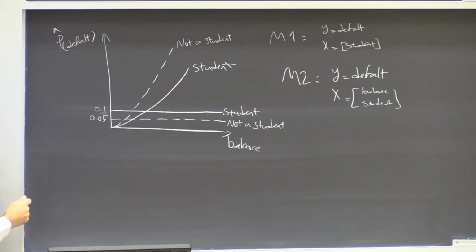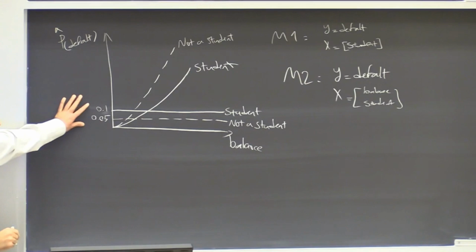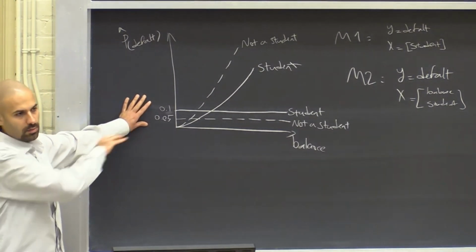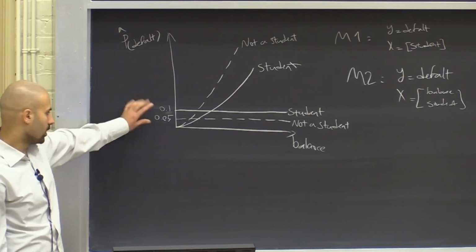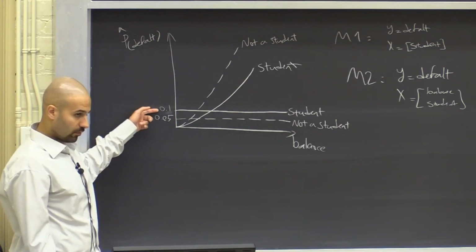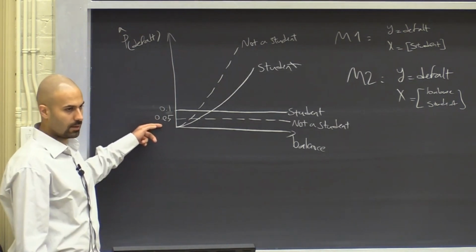So what happens here is that the univariate regression, which are these horizontal lines, are telling us that being a student is kind of a disadvantage for being a credit card defaulter, because students have a higher chance of defaulting. They have a likelihood of 10% of default compared to 5% for the population of non-students, right?